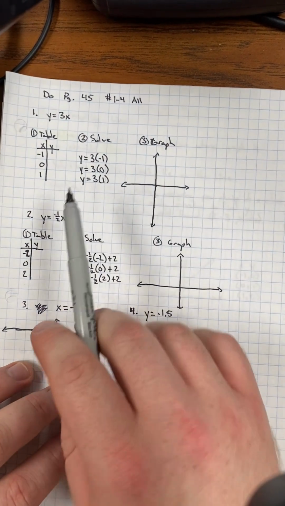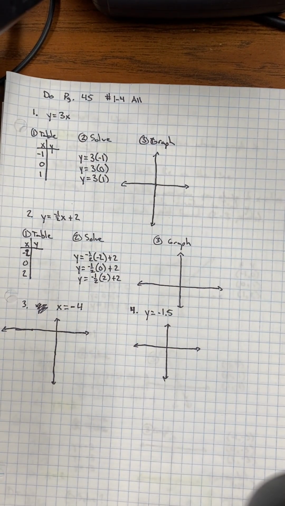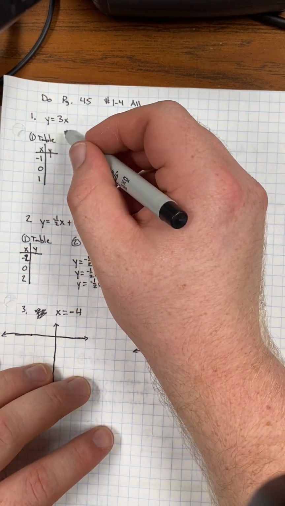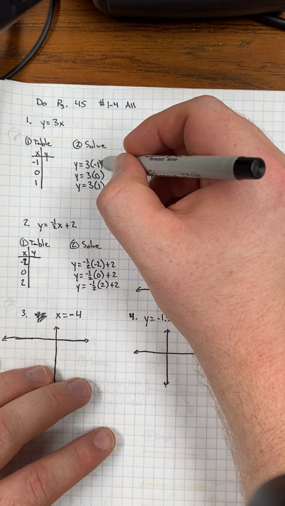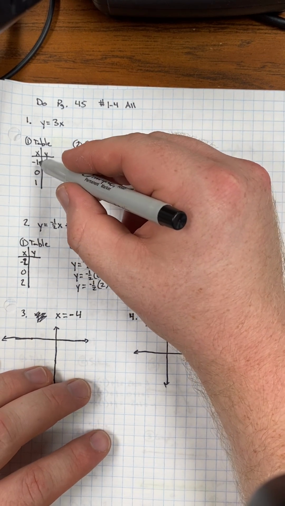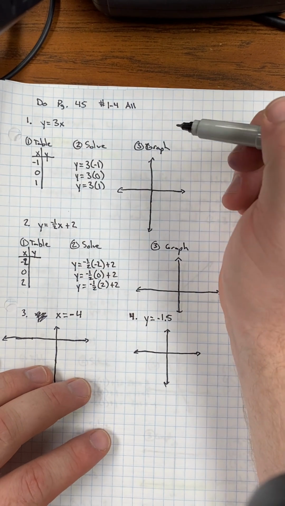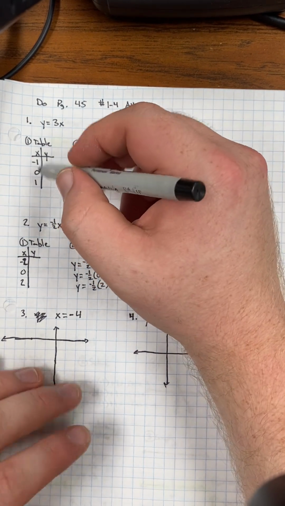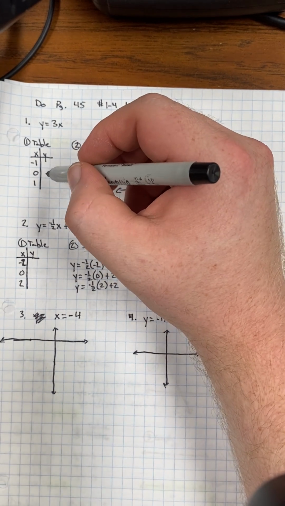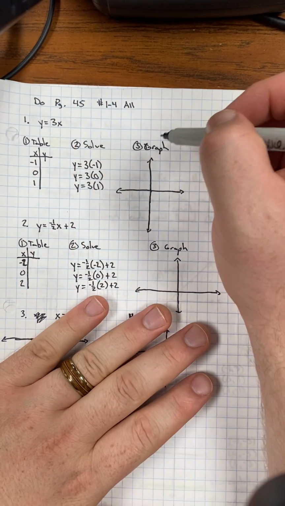So first we're looking at number 1. Number 1 is y equals 3x. So let's go ahead and solve this. In all cases, I'm going to have a table where I plug in -1, 0, and 1 for x. Once again, these are just numbers that I pick. I think they're the easiest numbers to use. Sometimes they're not the easiest numbers to use, which we'll find out later, okay?